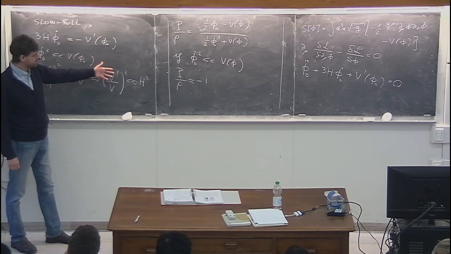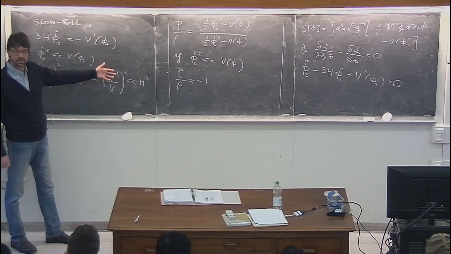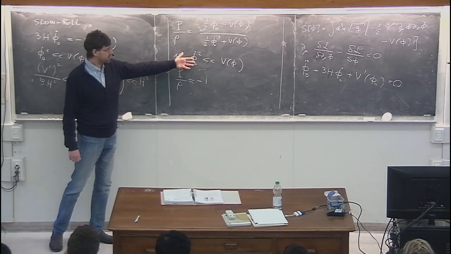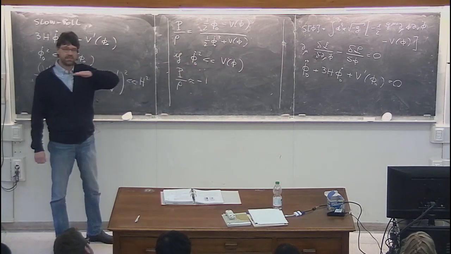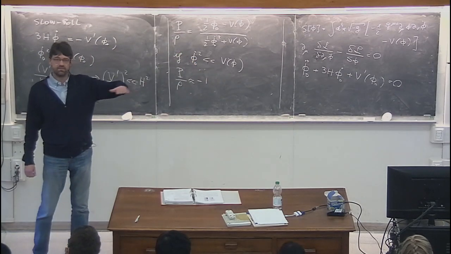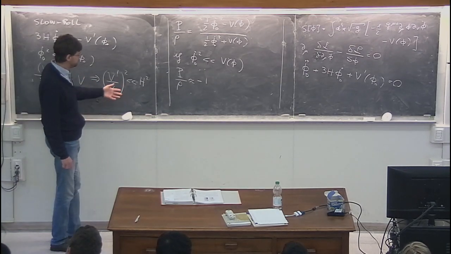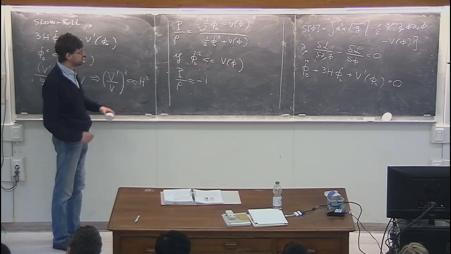The potential must be quite flat in order for the kinetic energy to be negligible. And in fact, if it is exactly flat, phi dot will be 0 identically. So it makes a lot of sense that this condition has to be written in this way.